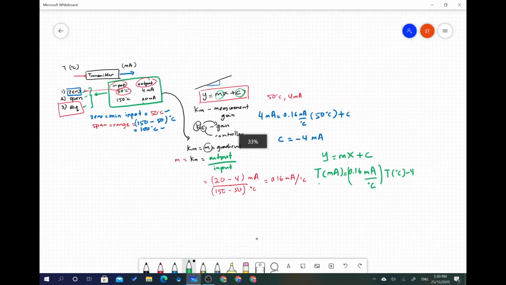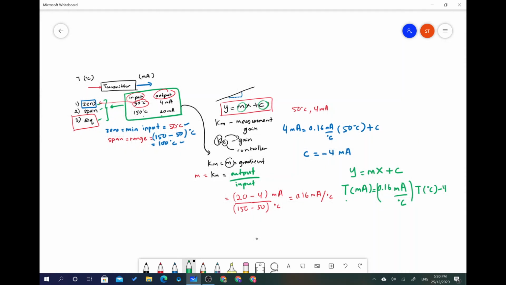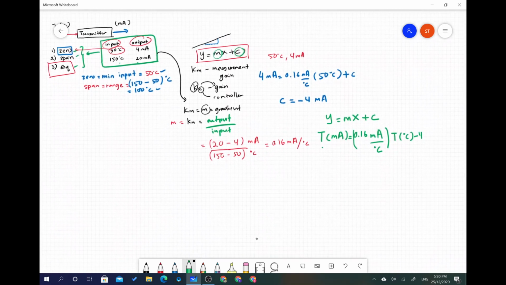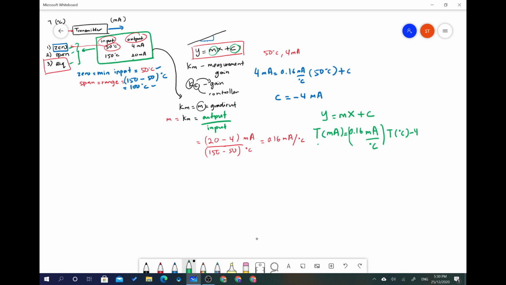I make it smaller because I just want to fit it on one page. So this is the answer.